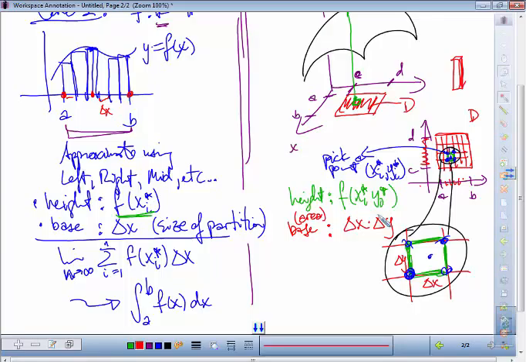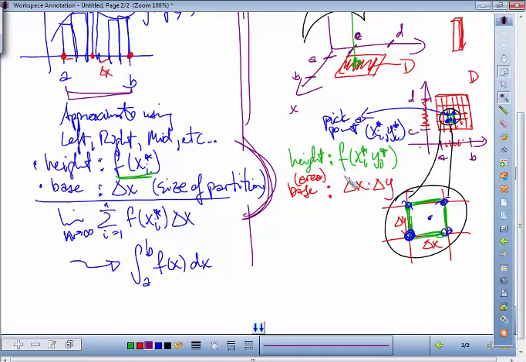All right, so we're coming to the same story, right? Except there's a delta x, delta y instead of just one delta x like we did before. Now there's just going to be two of them. And so the volume is going to be given by the base times the height, or the length times width times the height.